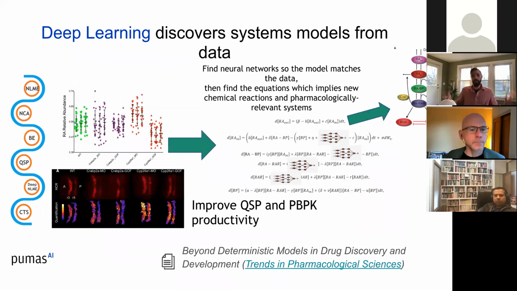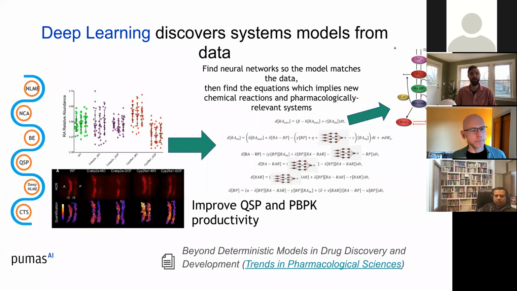So I want to talk some about particular systems in which we're finding this to be working quite well and quite compelling. And one is a collaboration that we have with Julia Computing and Puma's AI, where we're working in the pharmaceutical and drug discovery space, specifically quantitative systems pharmacology and physiologically based pharmacokinetics.